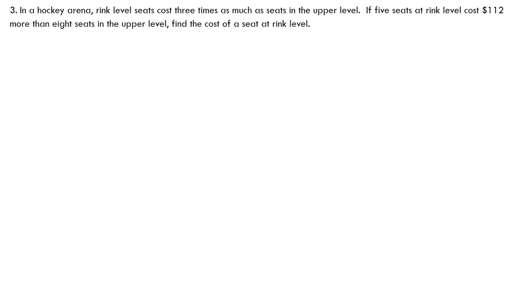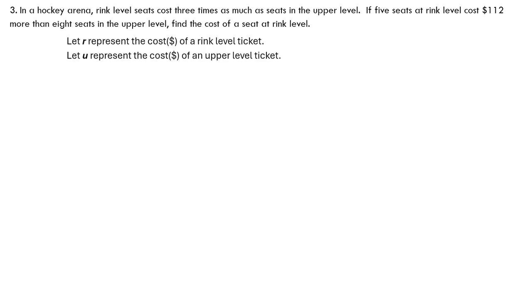In a hockey arena, rink level seats cost 3 times as much as seats in the upper level. If 5 seats at rink level cost $112 more than 8 seats in the upper level, find the cost of a seat at rink level. We'll start with our usual declarations.